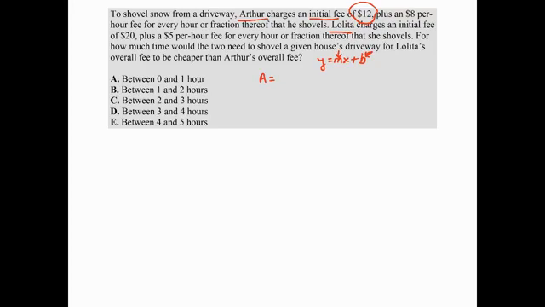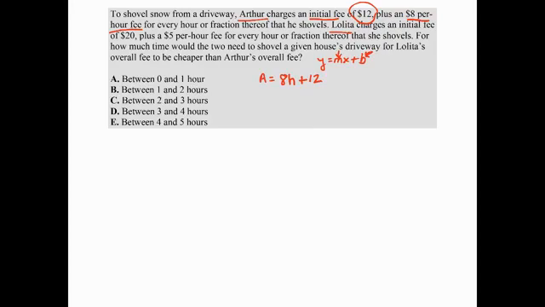So for Arthur, the initial fee is 12. That's going to be my intercept, or b term. Plus $8 per hour for every hour. So his slope or his rate is $8 per hour. And you can see a linear equation.